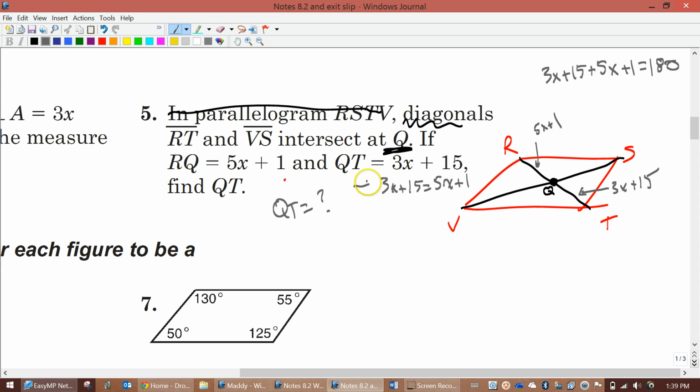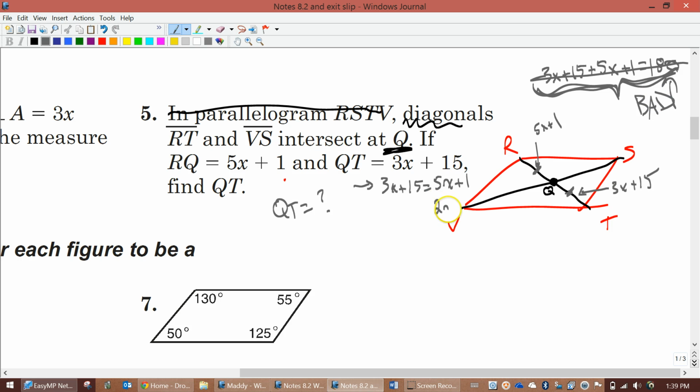We use this one. Why can we use the first one and not the second one? The first one comes from the different parts of a diagonal. Up above, we said diagonals bisect each other, which means it splits it into two congruent pieces. This statement up here mixes side lengths with an angle measurement, and that's bad.